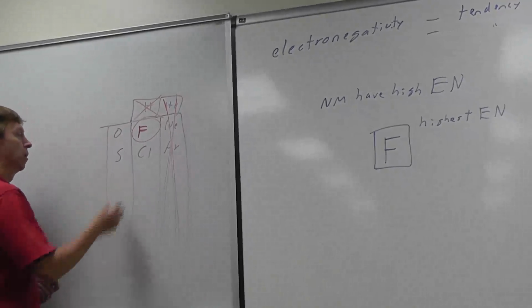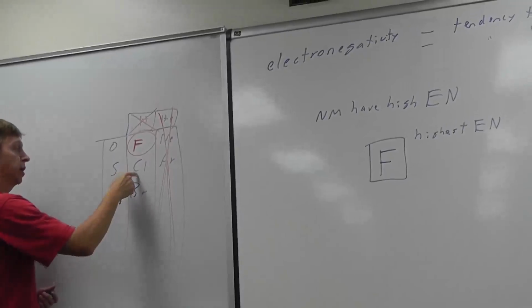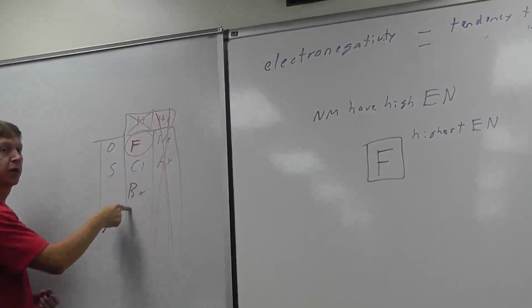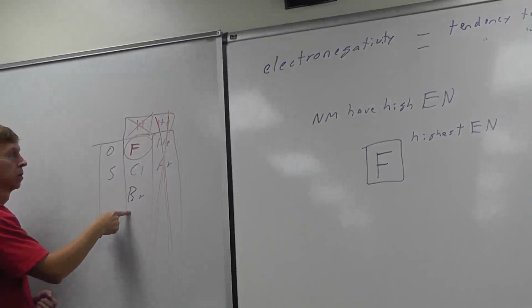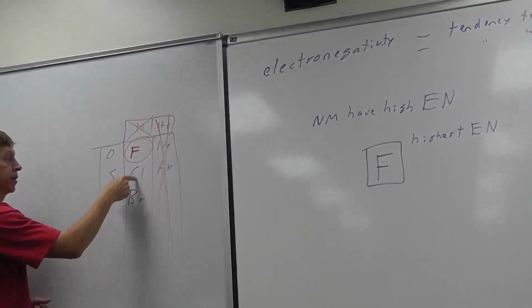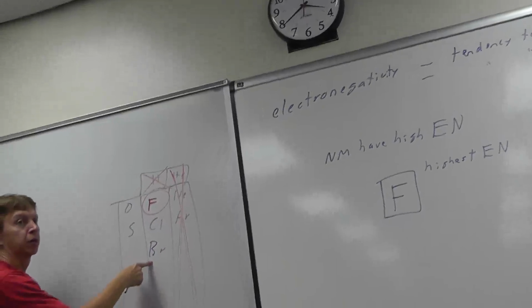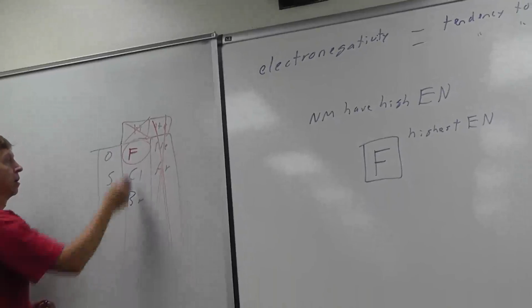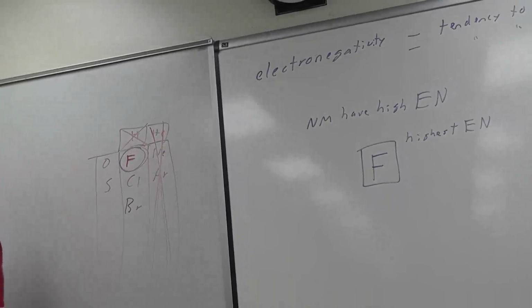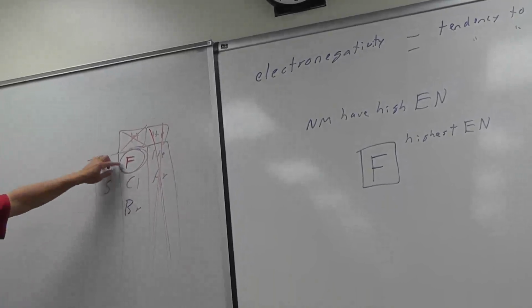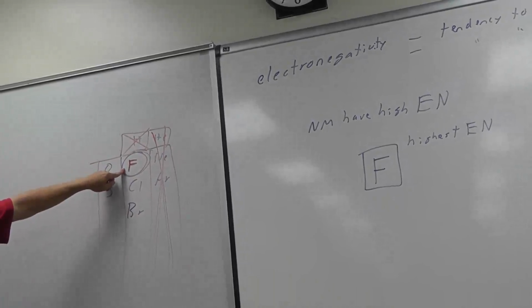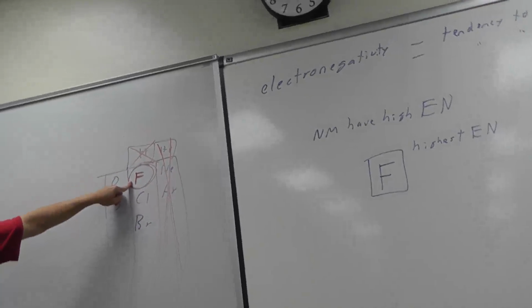For example, if we were comparing chlorine and bromine in terms of electronegativity, chlorine has a higher electronegativity than bromine does. And how do you know that? By proximity to where fluorine is on the chart. The closer the symbols are to fluorine on the chart, the more similar they are to fluorine in structure and behavior.